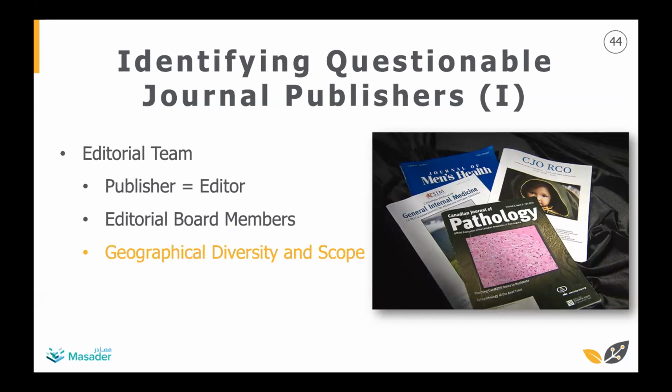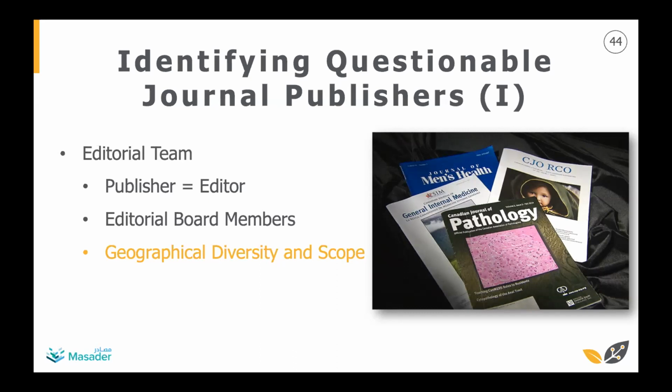As a researcher, you will be amazed: okay, I'm going to publish my research in the American Journal of Medicine. But when you go and check the editorial board of the journal, you will not find the editorial board members affiliated to institutions or universities in the United States. When you check the table of contents of this particular journal, you will find that the majority of the authors are coming from completely different regions. So it's very important for you to check the journal title and also the geographical diversity and the scope of the journal.